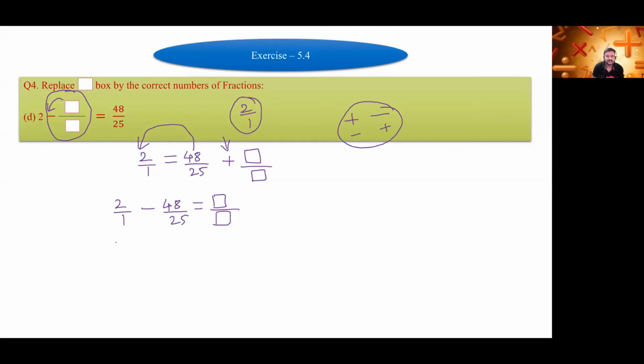Yes Bhumi, just solve this LHS part now. What is the LCM? So the LCM is 25. Correct.